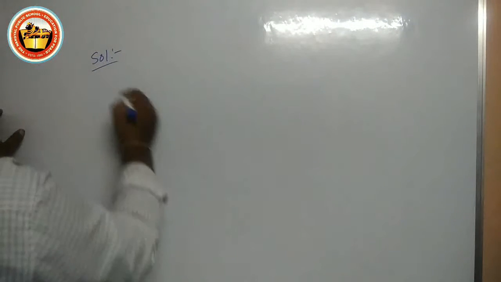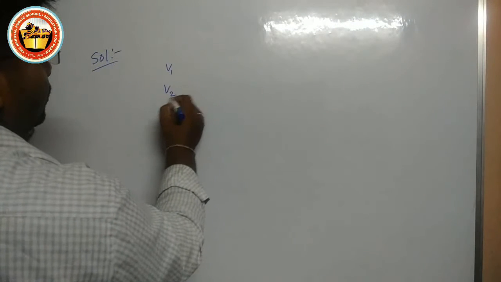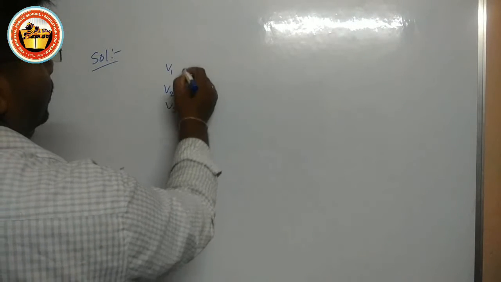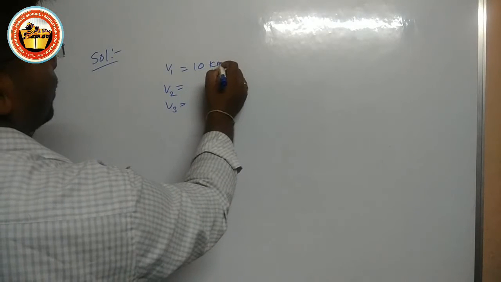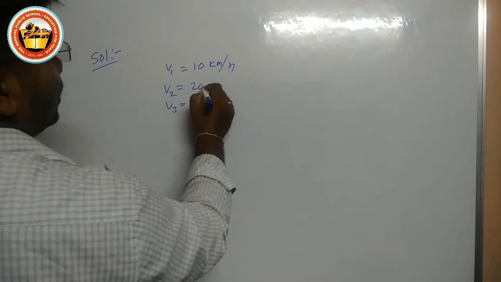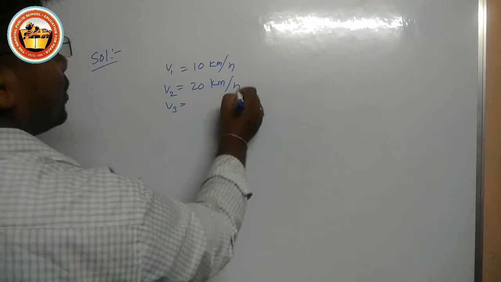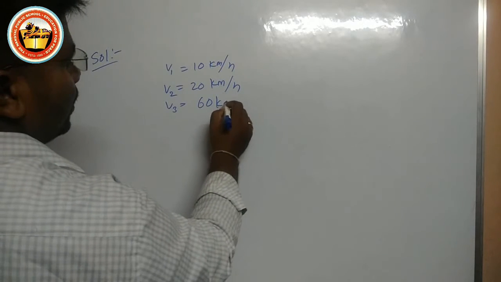Coming to the problem. In this problem, three different velocities v1, v2, v3 are given: 10 kilometer per hour, 20 kilometer per hour, and 60 kilometer per hour.